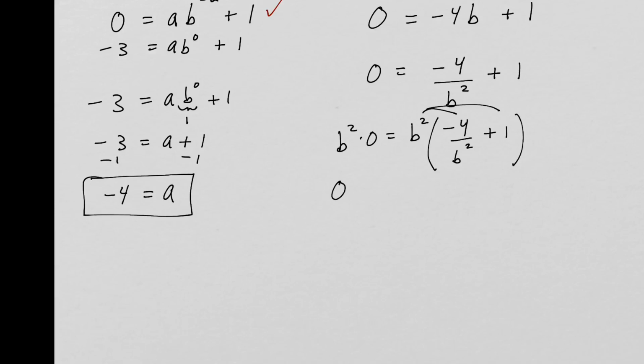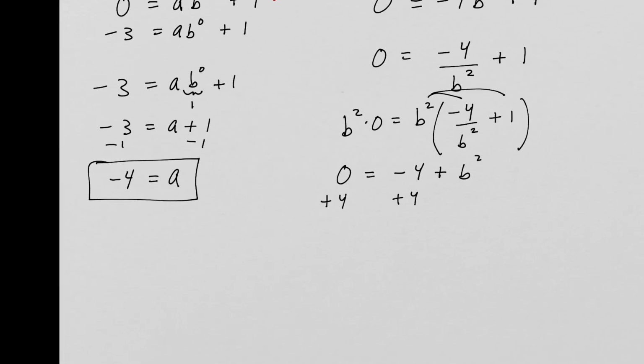So I'm going to get 0 is equal to, well, b squared times negative 4 over b squared is just negative 4. And then b squared times 1 is b squared. Now if I bring the 4 to the left hand side, I'll add 4. So then I'm getting b squared is equal to 4.